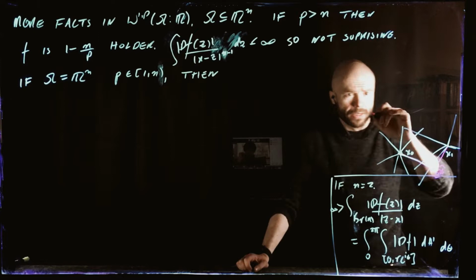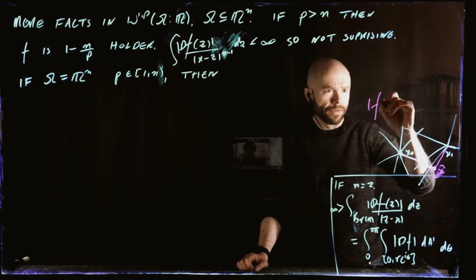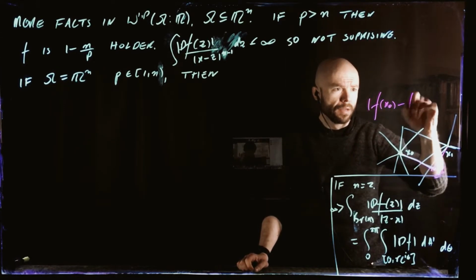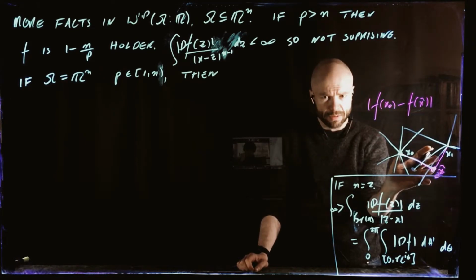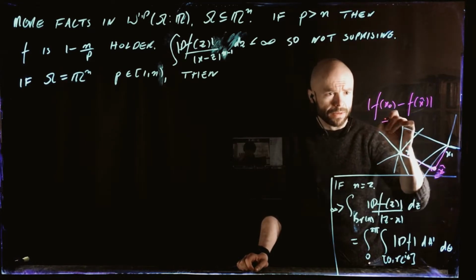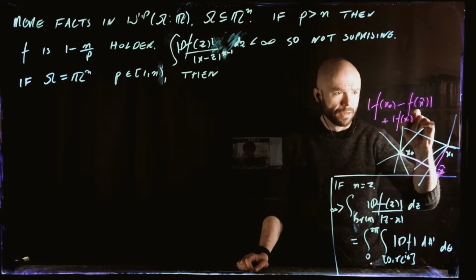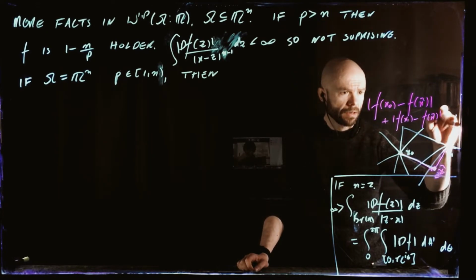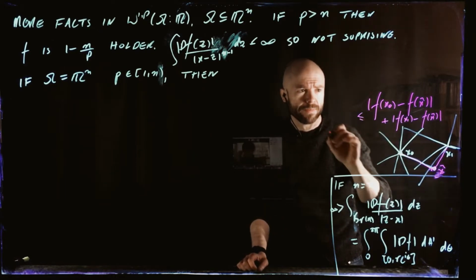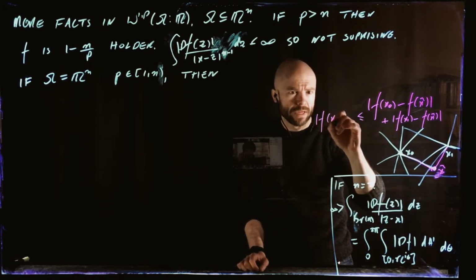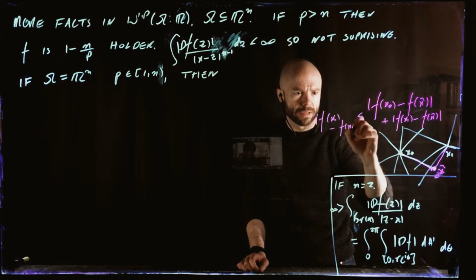So if we consider f of x0 minus f of x tilde, we can control it by the integral on this line. And consider f of x1 minus f of x tilde, control it by the integral on this line. And that thing bounds above f of x0 minus f of x1, like this.